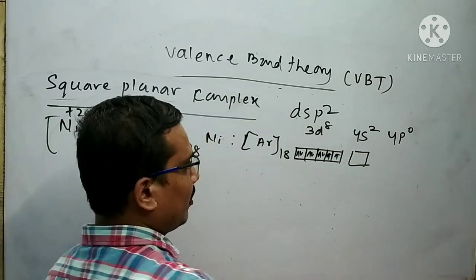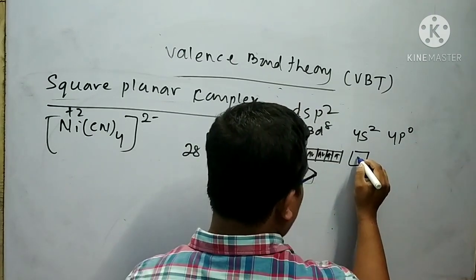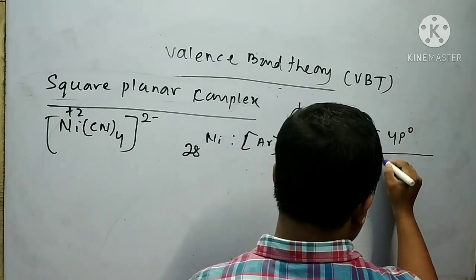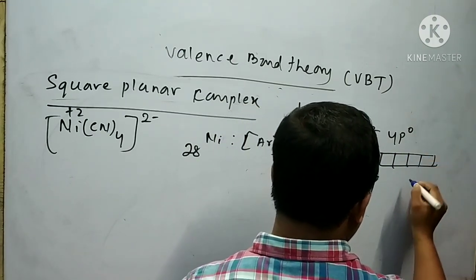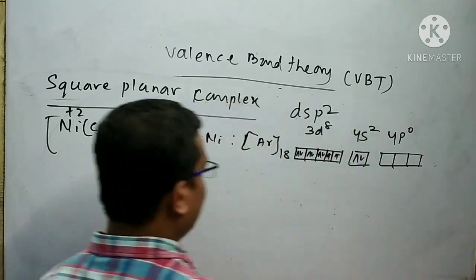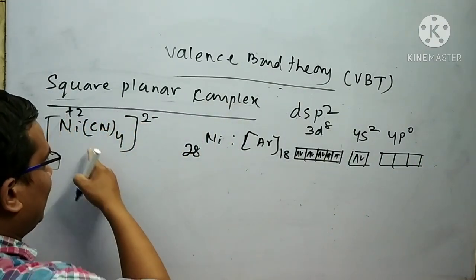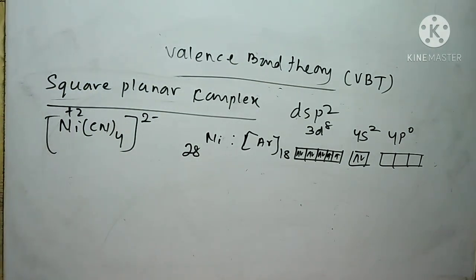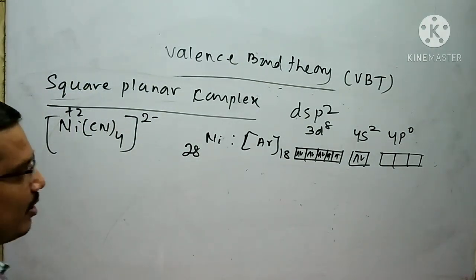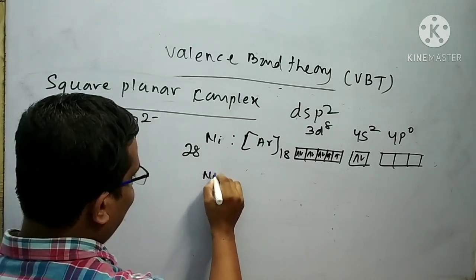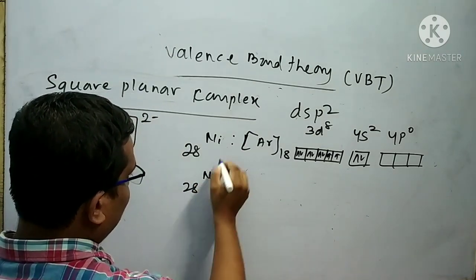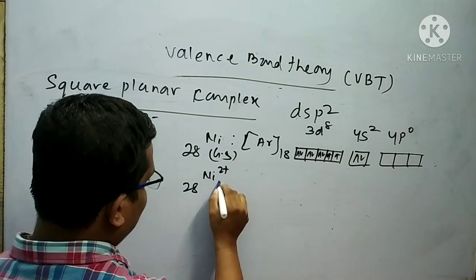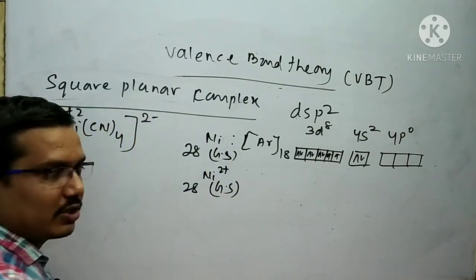The electrons of 4s are present like this. The 4p orbital is empty. In this complex, the Ni2+ plays an important role. So I can write Ni2+. This is your ground state.